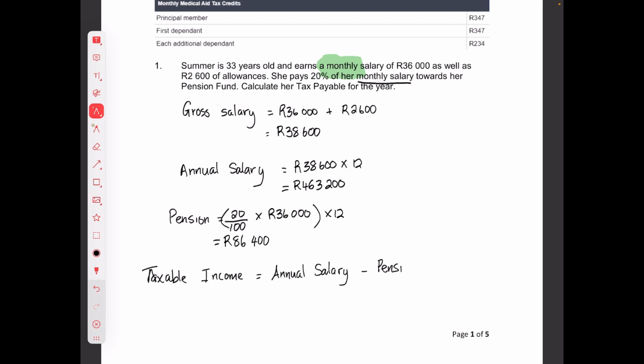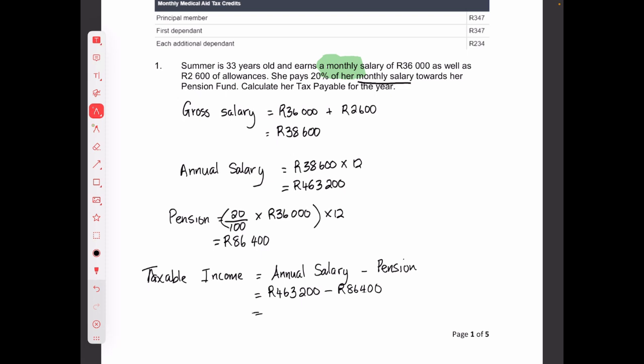And the amount that you get left with, that is the amount that is going to be taxed. So here we have 463,200 subtract 86,400.